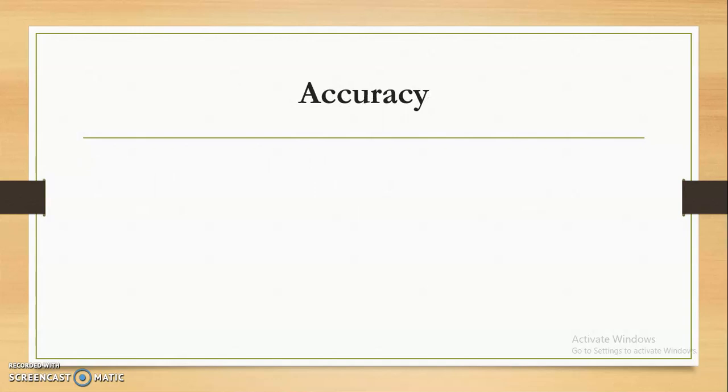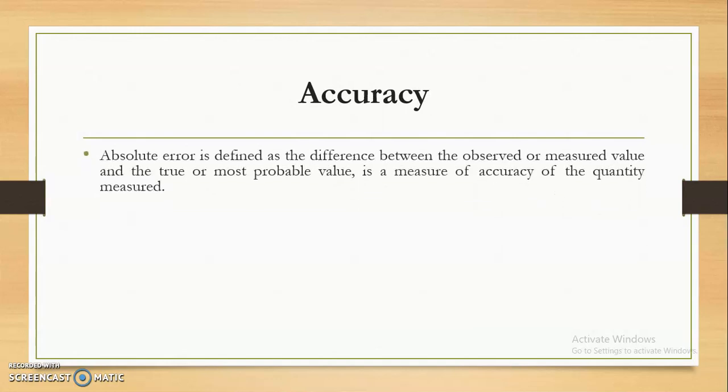First, we will discuss accuracy. Before that, what is the meaning of absolute error? In the previous video, we discussed the different ways by which we can minimize errors. Why is it necessary?